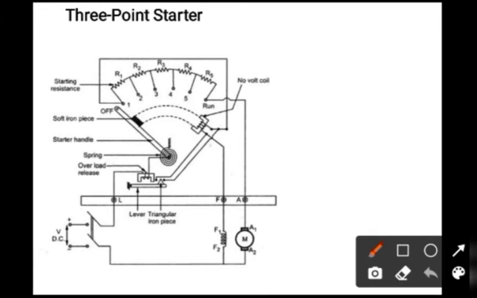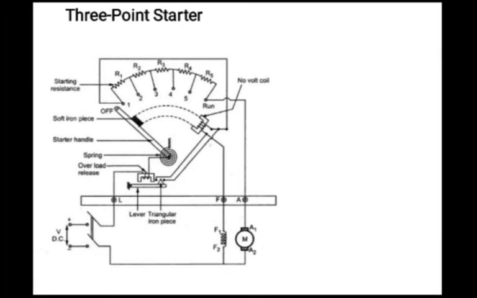When the handle is at position number 1, current starts flowing through the starting resistance and then to the armature circuit of the DC motor. And at position number 1, the field winding is directly connected across the supply.